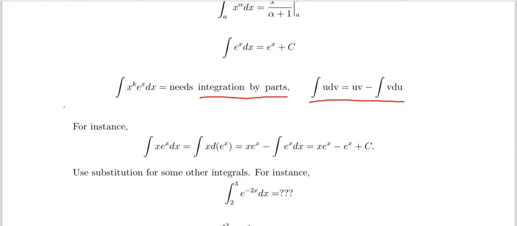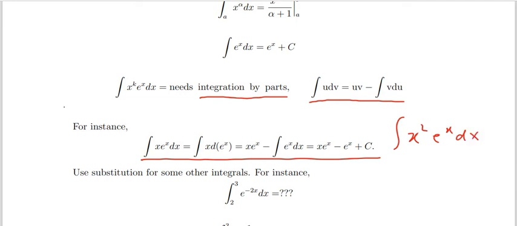This one is also quite complicated, and we need integration by parts. For this one, like x squared e to the x, we can say it is just too complicated. Such problems usually will not appear in the exam.